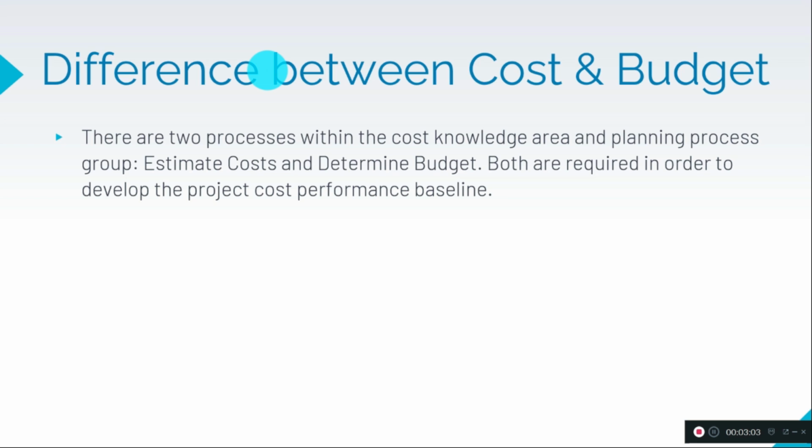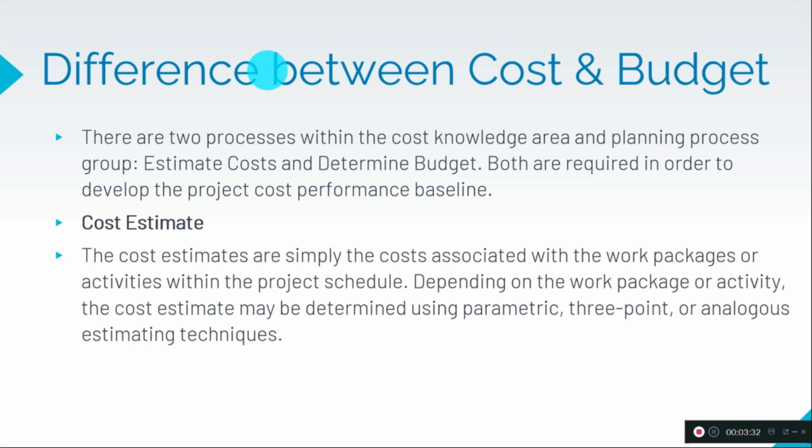During each phase we need to get the budget to complete the building stages. Okay, that is the major difference between the cost and budget. Both are required in order to develop the project cost performance baseline. So we need to have both the cost and budget for building the baseline for the project.